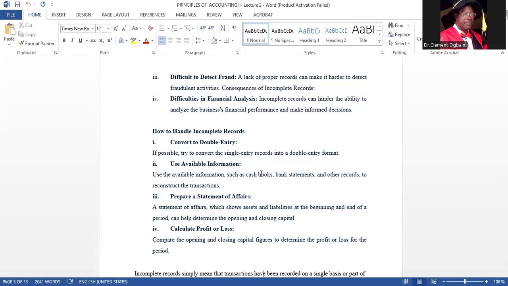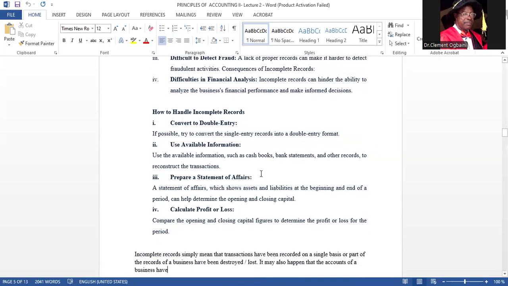It will be difficult for you to prepare return on asset employed. It will be difficult to prepare return on equity, and it will be difficult to prepare return on investment. So this economic analysis helps us to have an in-depth understanding of how a company performs. So when the records from the beginning are wrong or incomplete, it will be difficult to engage in all those analyses.